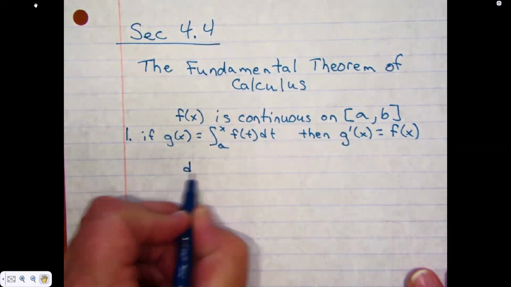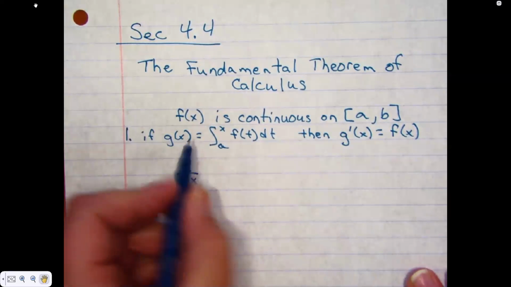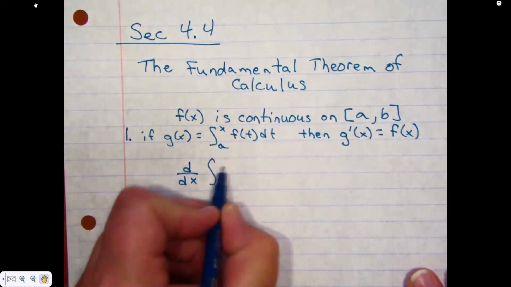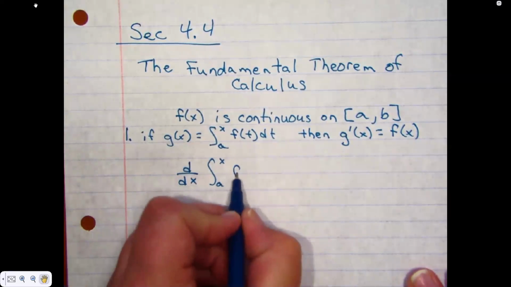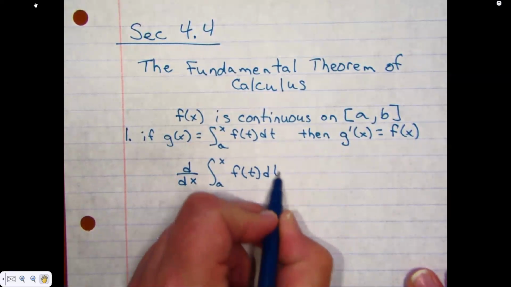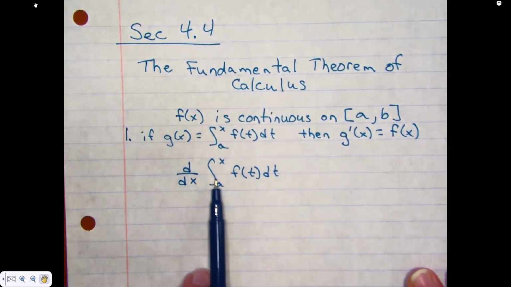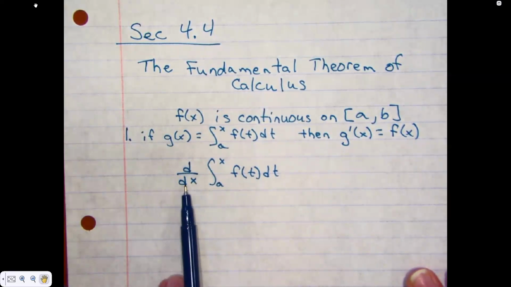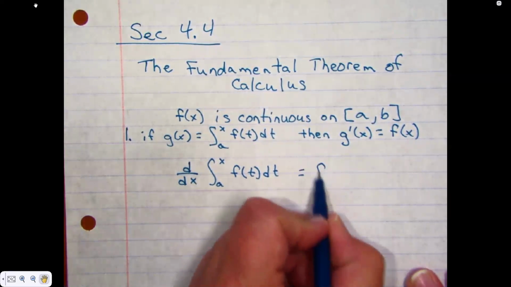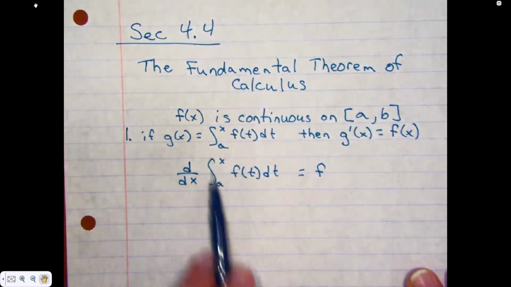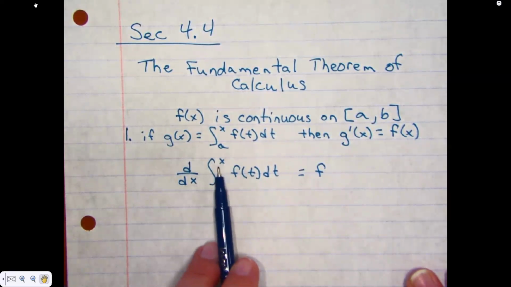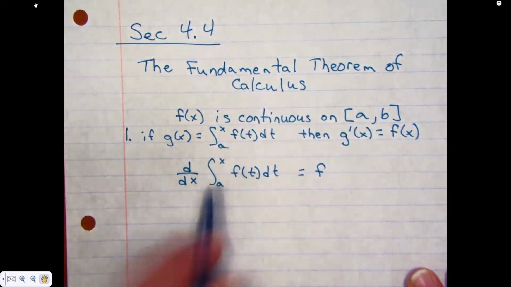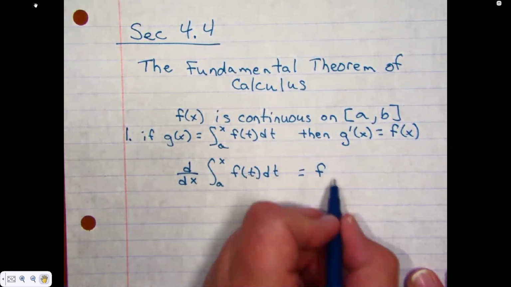Okay, let's write it a different way. The derivative of this integral from a to x of f of t dt. Here you can see, if I'm taking the integral, but then I'm taking the derivative, I am right back to f of x. The only difference is that when I took the integral, I changed from t to x. So the only difference is it changes from one variable to another.